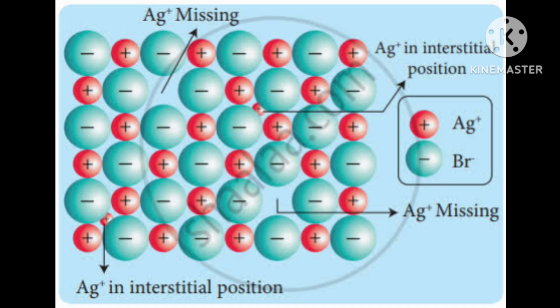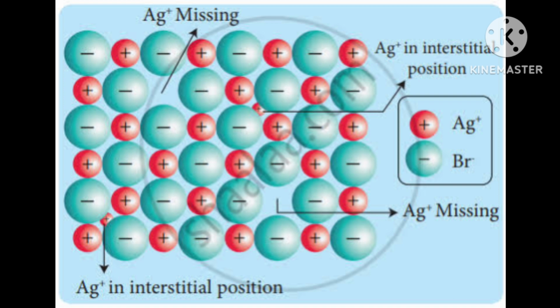Then what will you conclude here? Thus, there is one Schottky defect per 10 to the power 16 ions.